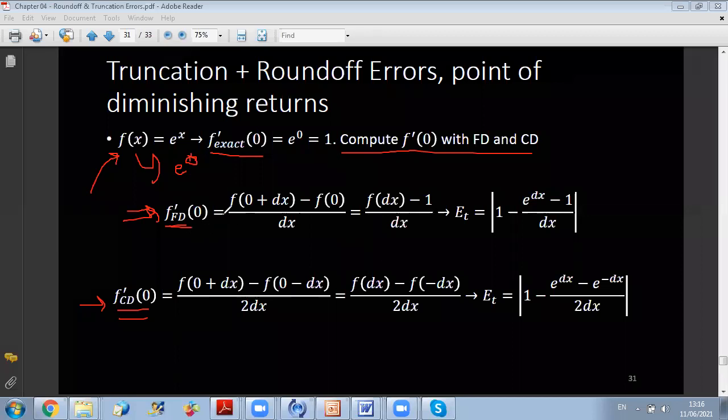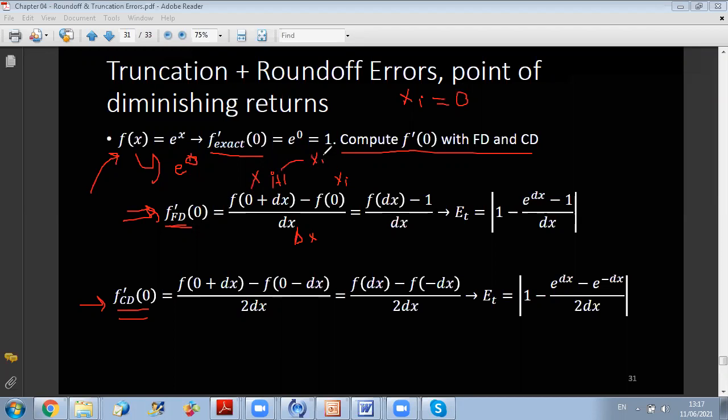So here, if you want to use the forward method, the forward method is f at x i plus 1 minus f at x i over delta x. Considering that x i is 0 here, x i plus 1 will be x i plus delta x.